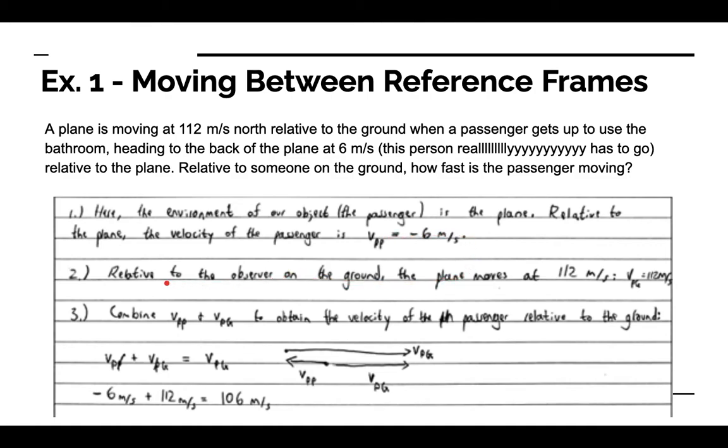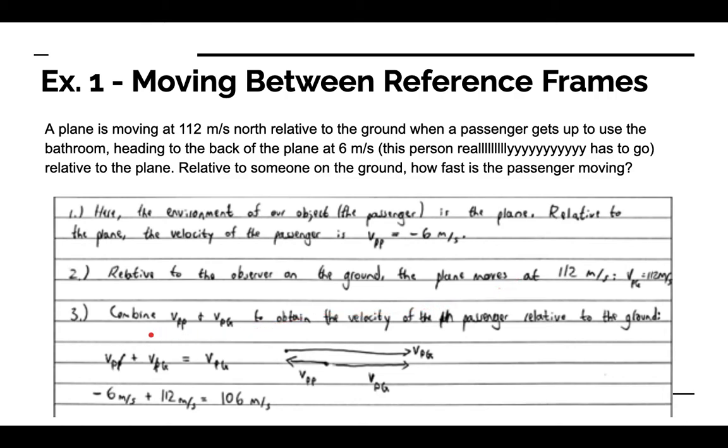Next, we measure the velocity of the plane relative to the observer on the ground. The plane relative to somebody on the ground is moving at 112 meters per second north. So we write down that the velocity of the plane relative to the ground, the VPG, is 112 meters per second.